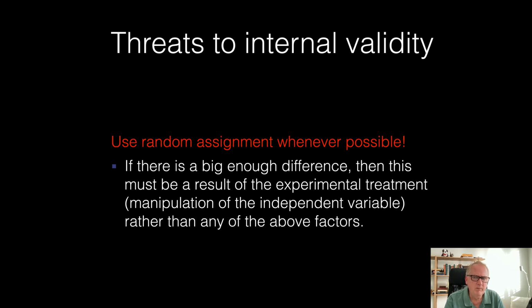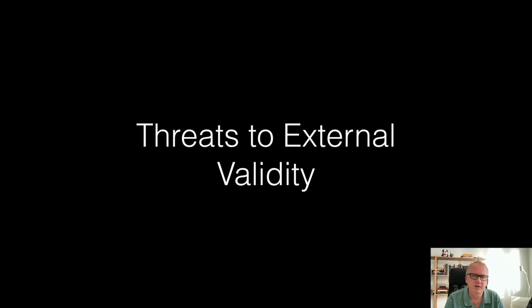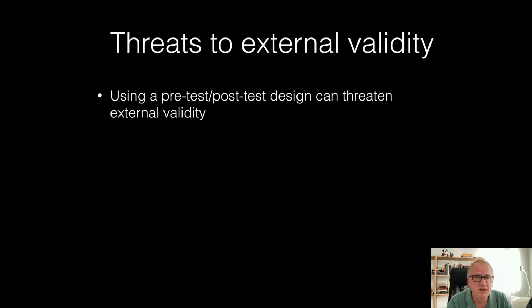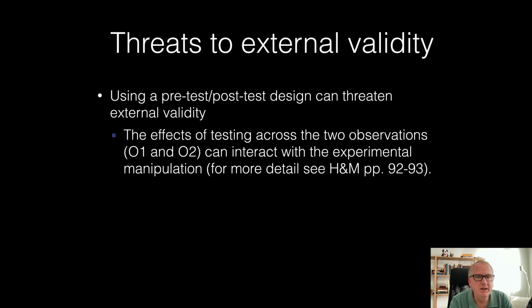So I have one more final set of threats here to consider, and these are the threats to external validity. One of the problems that we have as a threat to external validity is just using a pre-test, post-test design in the first place. This in itself can threaten external validity, because the effects of testing across the two observations could possibly interact with the experimental manipulation.